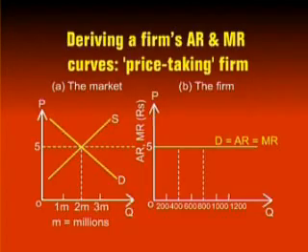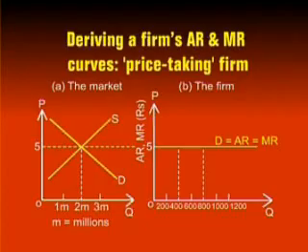Now, what happens to total revenue? Total revenue is average revenue times quantity. Since average revenue is price, total revenue is equal to price times quantity. And this can be seen as the area under the demand curve or the average revenue curve at each given output.